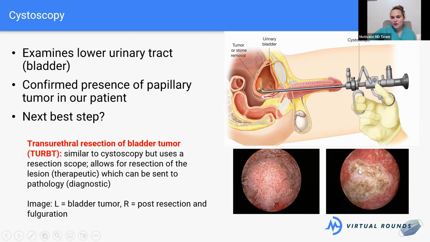And what that does is it helps make sure that you haven't left anything behind. Obviously you aren't certain every time, you take as much as you need, but this helps a little bit to make sure that some of the cells that we might have missed are fulgurated. So that's what that looks like, kind of interesting.